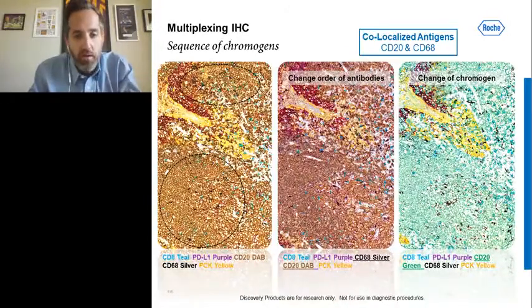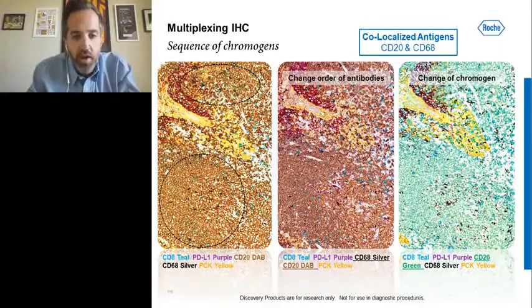The example here, though, where we have implemented Discovery Green in place of the DAB, has really shown a big improvement in the way in which we can visualize these different markers. So the two images to the left, we're using CD20 with DAB. And we can see some of those markers there, but it's very difficult to make out each of them discretely.